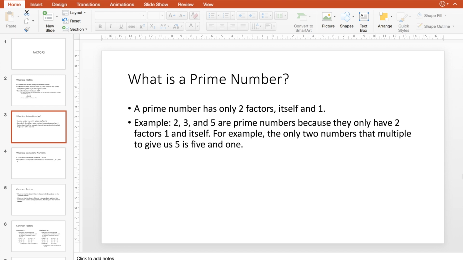If you look into the number 5, you can't find any 2 numbers that multiply together to give you 5. It's only 5 and 1. The same holds with the number 7. 7 is a prime number because you cannot multiply any whole numbers except 1 and 7 to give you 7. So that is a prime number.